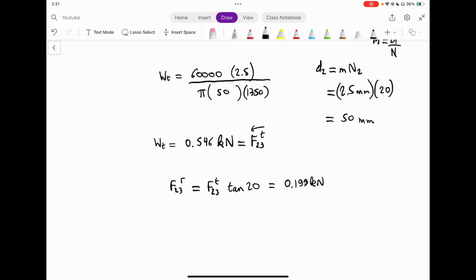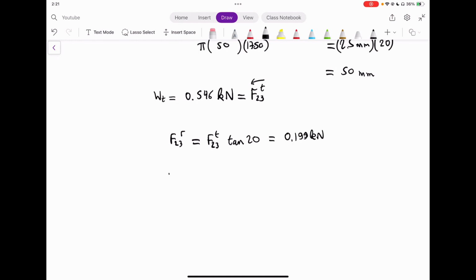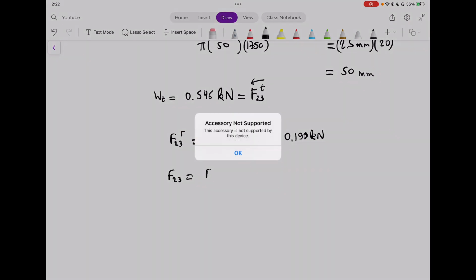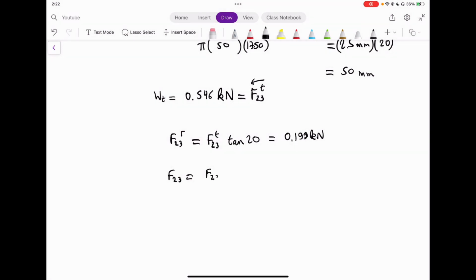Then we can solve for F23 as a total force, being F23T over cosine of 20, and that would be equal to 0.581 kilonewtons.